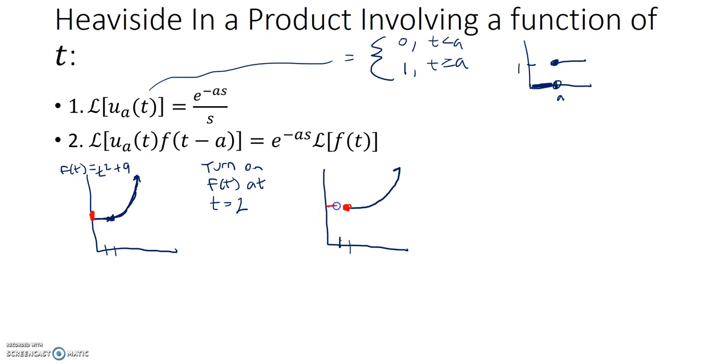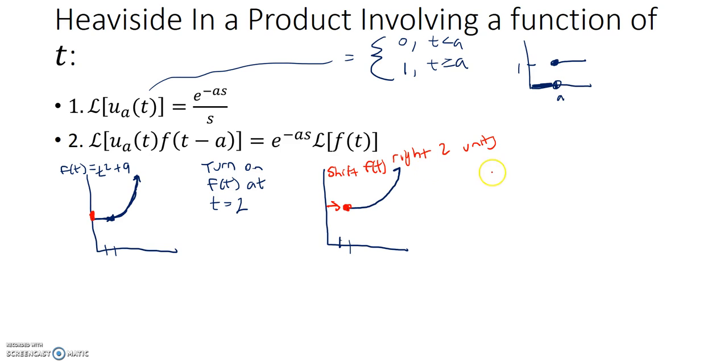What I've effectively done is shift f of t right 2 units. You absolutely don't have to do that, but if my goal was to have this function begin at time 2, then in order to preserve the same output it would have at time 0, I've got to shift all the points over to the right.